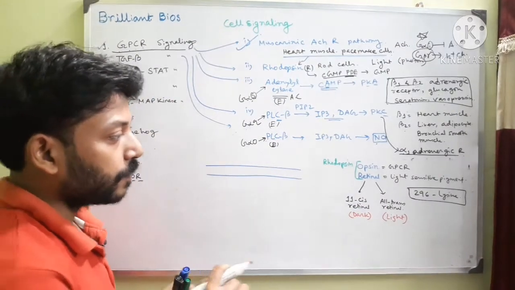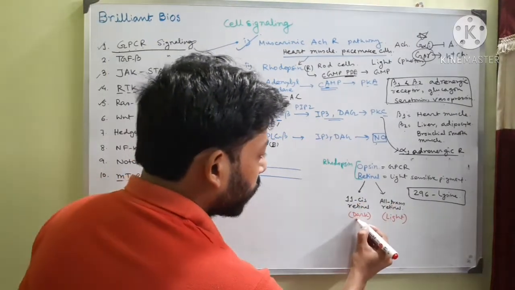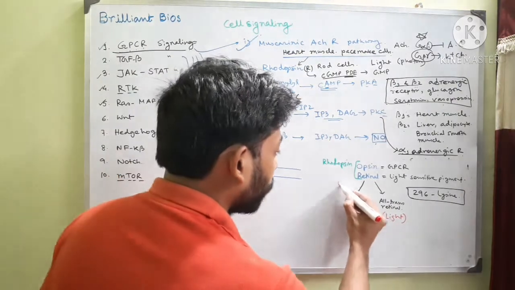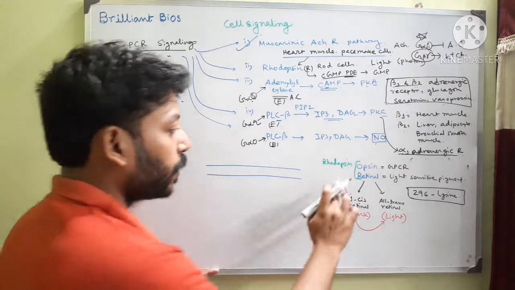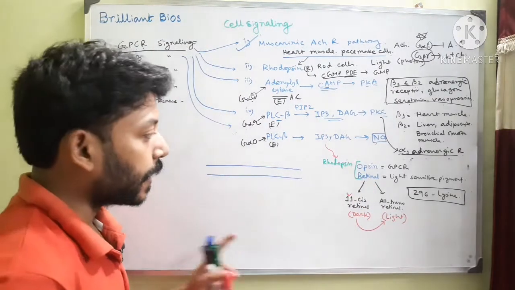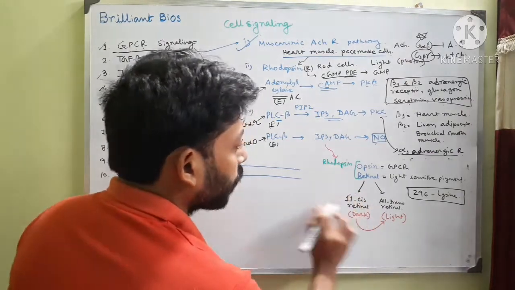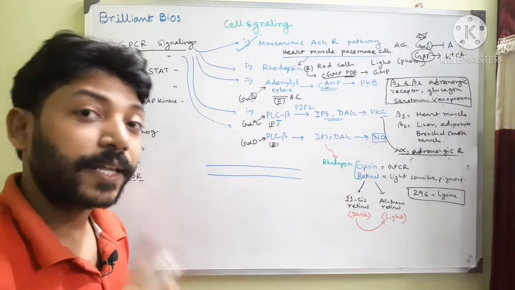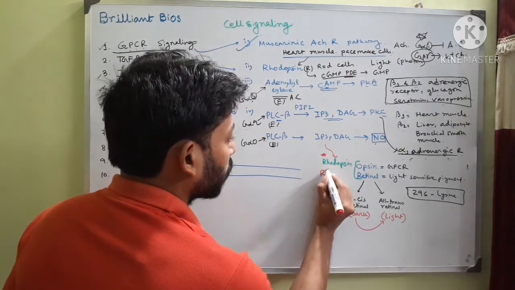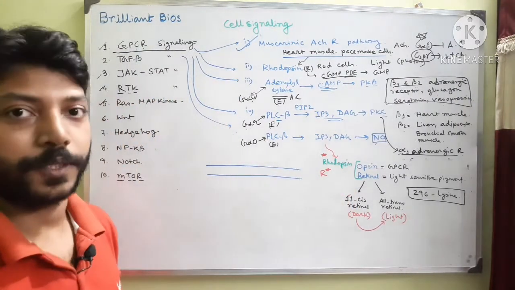This occurs when light falls. So when rhodopsin receives a photon, the 11-cis retinal becomes all trans retinal, and the rhodopsin becomes activated. We call it R star, meaning activated rhodopsin.